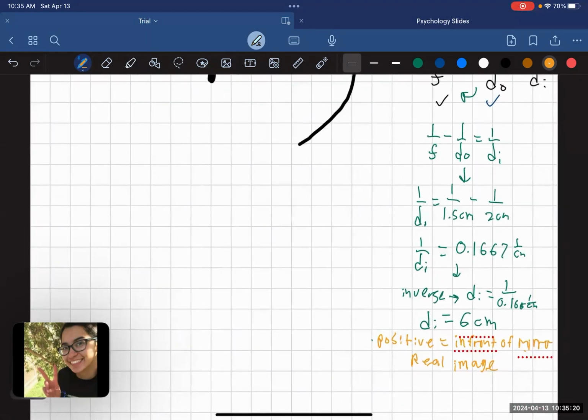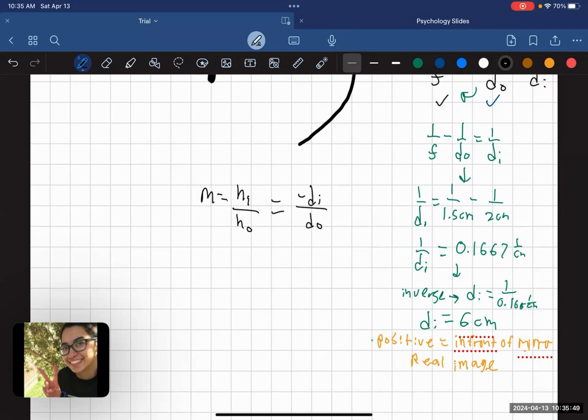Anyway, so now we have our DI, which means we can calculate for our M. And the equation for that one is either M is equal to HI over HO, or M is equal to negative DI over DO.